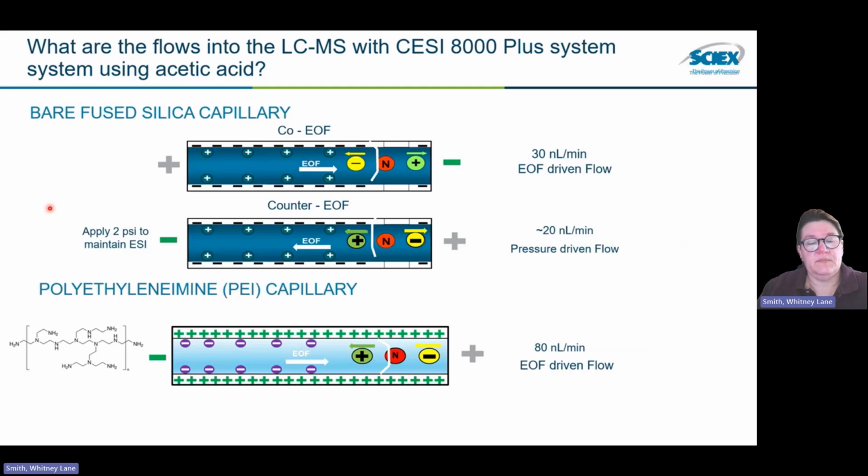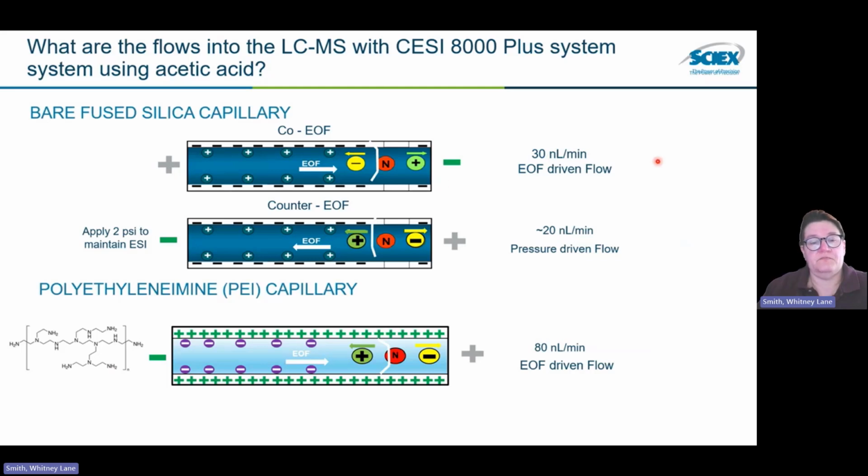So what do we typically use? We have multiple different capillaries that we can use for separations of small molecules or large molecules. We can separate everything from small ions up to large proteins. For our bare fused silica system capillary, we can have positive mode, or normal polarity, which means that the positive electrode is on the inlet side.